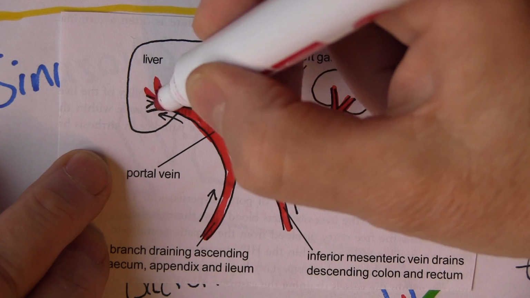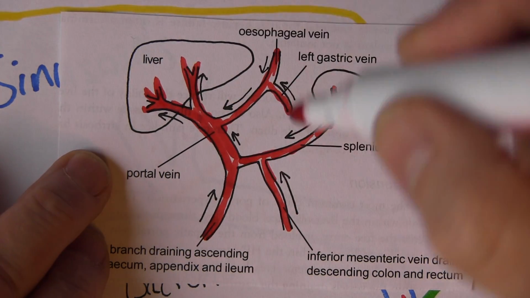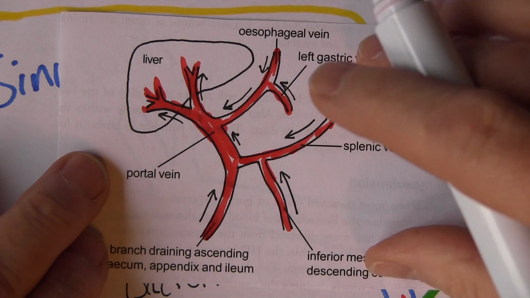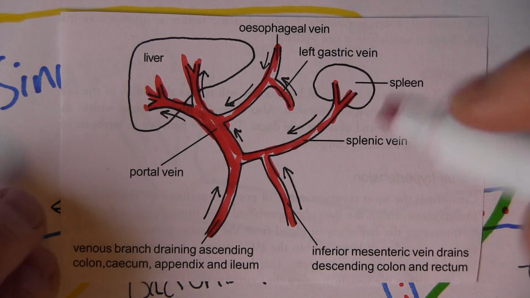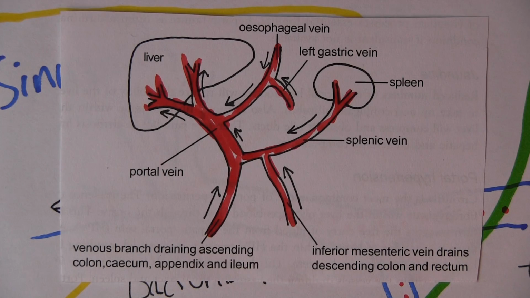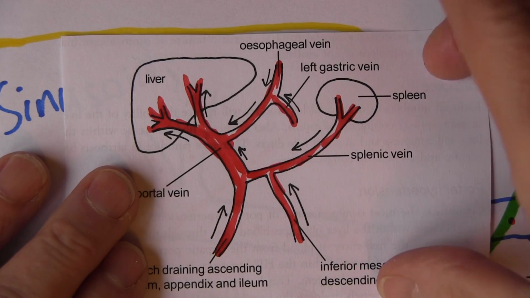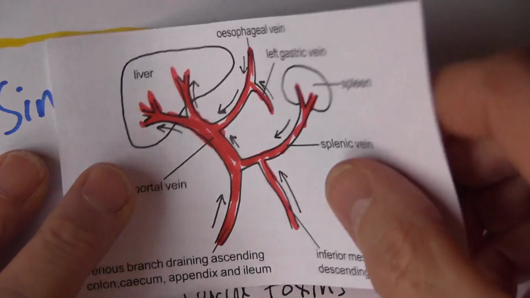There's an arterial supply to the liver as well, the hepatic artery, but it's about 75% of the blood going to the liver is from the hepatic portal vein. So we have this arrangement.